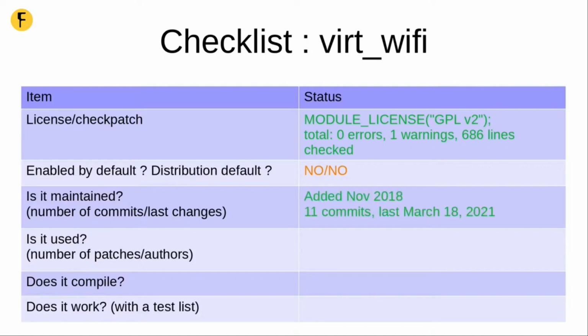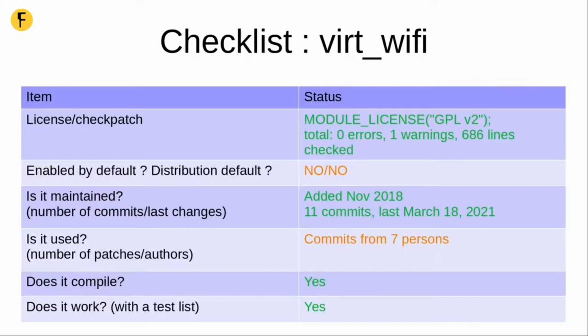We can find from the history that it was added in November 2018, and since then it has had 11 commits. The last of them was in March. Not that long ago, so it looks quite good. And then we can find commits from 7 different persons. That's not that much, but for 11 commits, that's okay. Does it compile? It does. And does it work? Yes, it does.